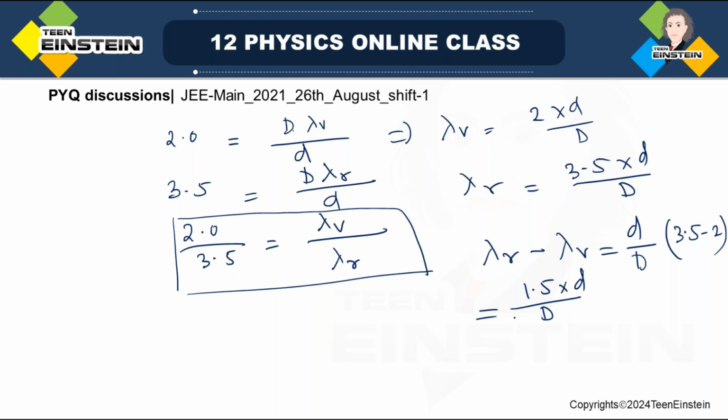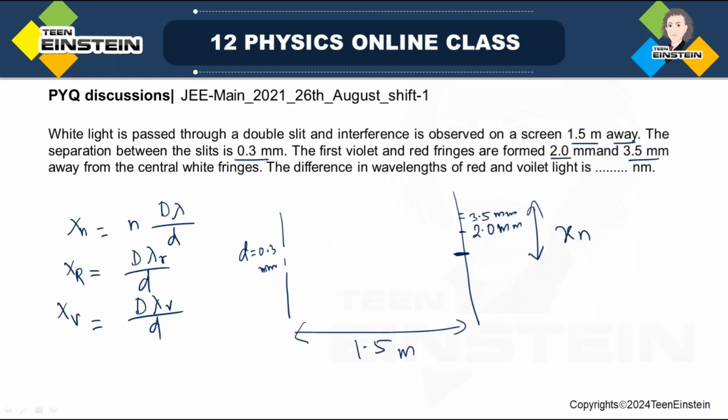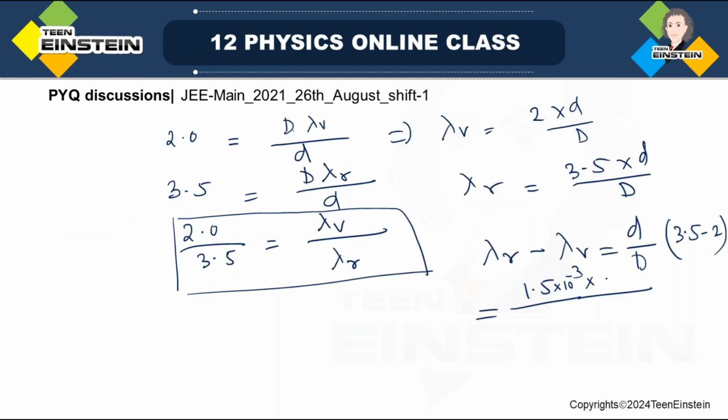Capital D is given as 1.5. This is in millimeter, so 10 to the power minus 3. Small d is 0.3 millimeter, so I put 0.3 into 10 to the power minus 3 divided by D, where D is given as 1.5 meters. So this cancels out, and I get 3 into 10 to the power minus 7 as the difference.